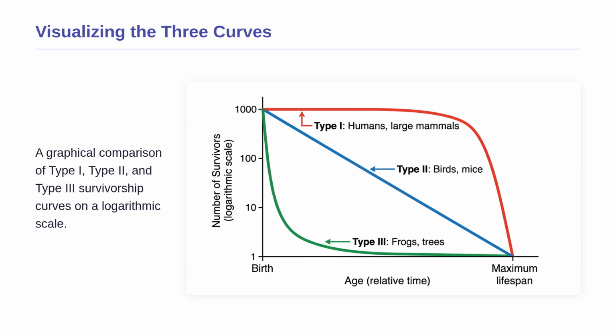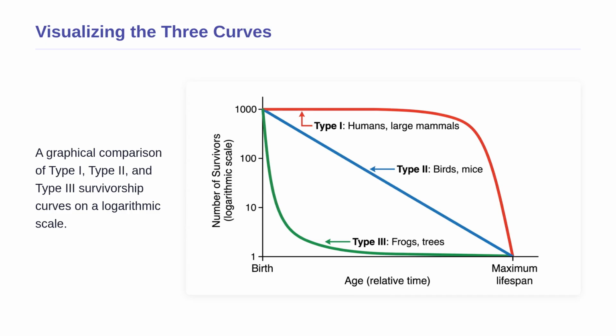Let us bring all these concepts together and look at the actual diagram. On the horizontal axis, we have relative age, from birth to maximum lifespan. On the vertical axis, we have the number of survivors on a logarithmic scale, starting at 1,000. Notice the red line at the top.